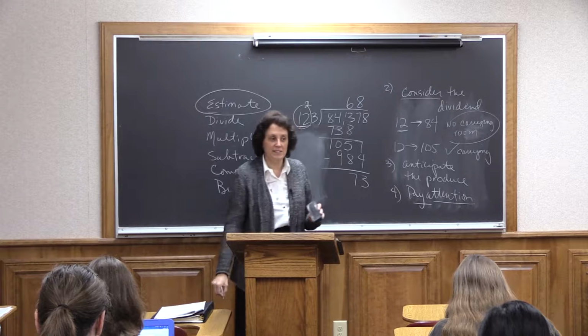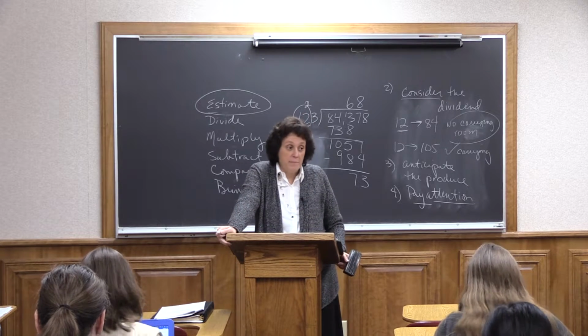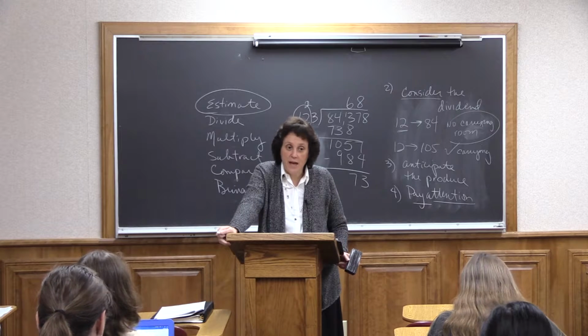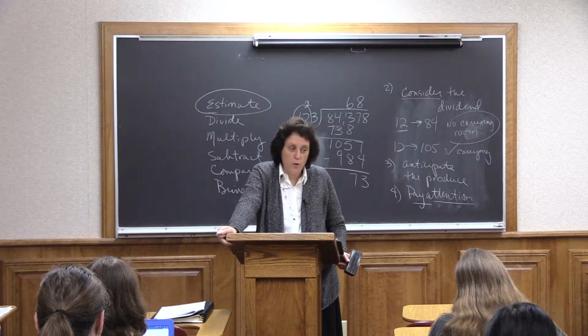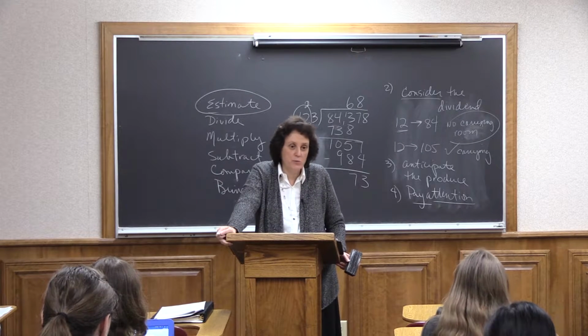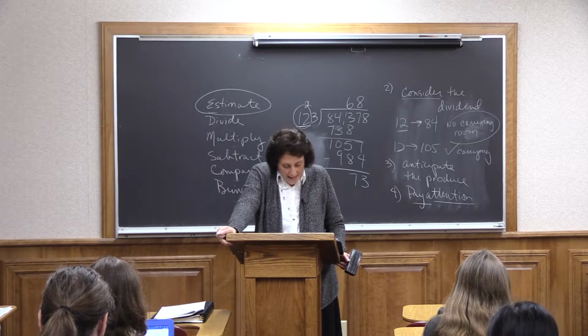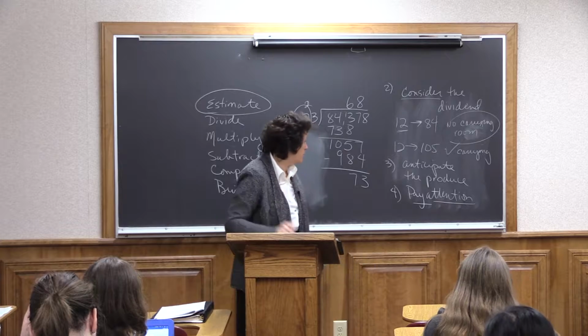I need to get myself made a nice sign that says pay attention. Because that's my biggest problem teaching math, is students not paying attention to what they're told, and in this case I'm talking about they're not paying attention to what they're doing. So pay attention to what you're doing, pay attention to what you just used.